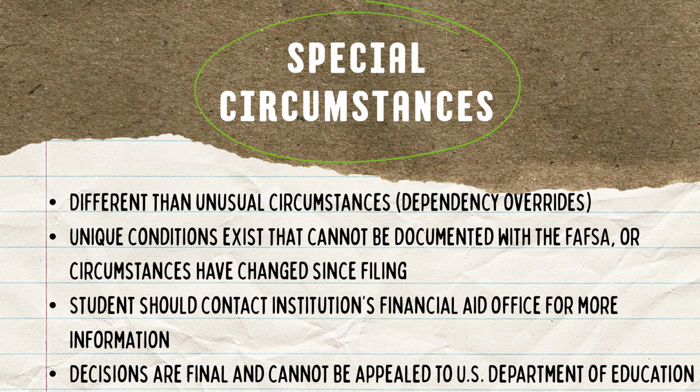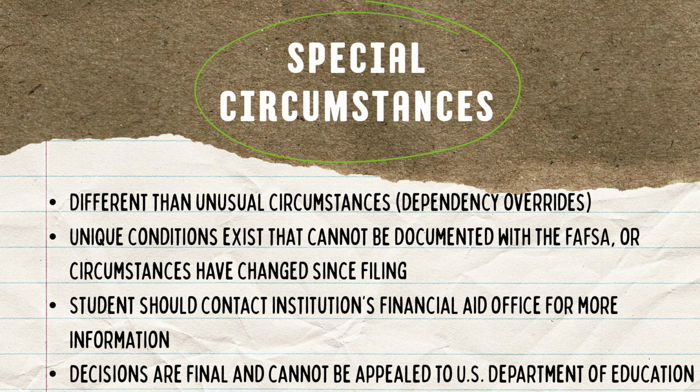Special circumstances is our last piece of the puzzle, which I touched on previously. The FAFSA is only a snapshot of a student and family situation, so it doesn't capture unusual or unique circumstances. These can include dependency overrides, unique conditions that can't be documented with a FAFSA, or circumstances that have changed since filing, such as job loss.